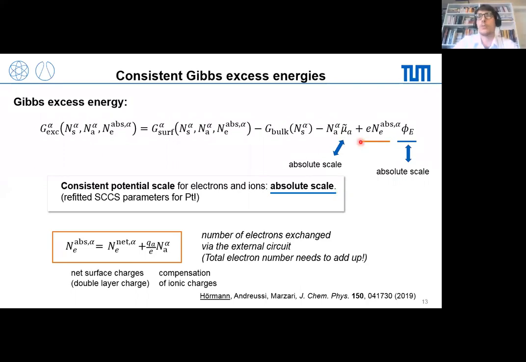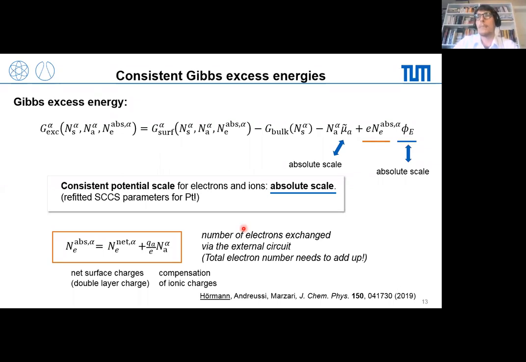The other question was this absolute number of electrons. You can easily derive what this should be. It is directly given by being consistent in this description, namely that the total number of electrons in your interfacial system should correspond to the sum of all the electrons taken into account in these thermodynamic baths.